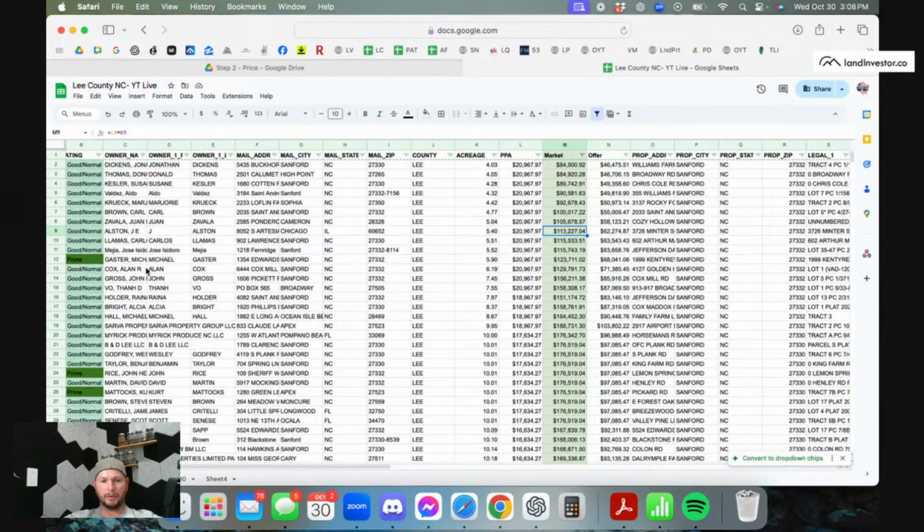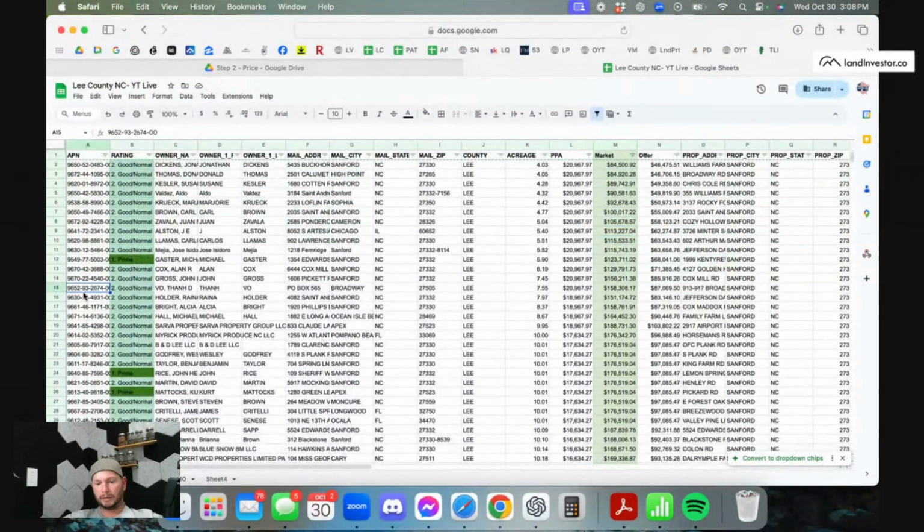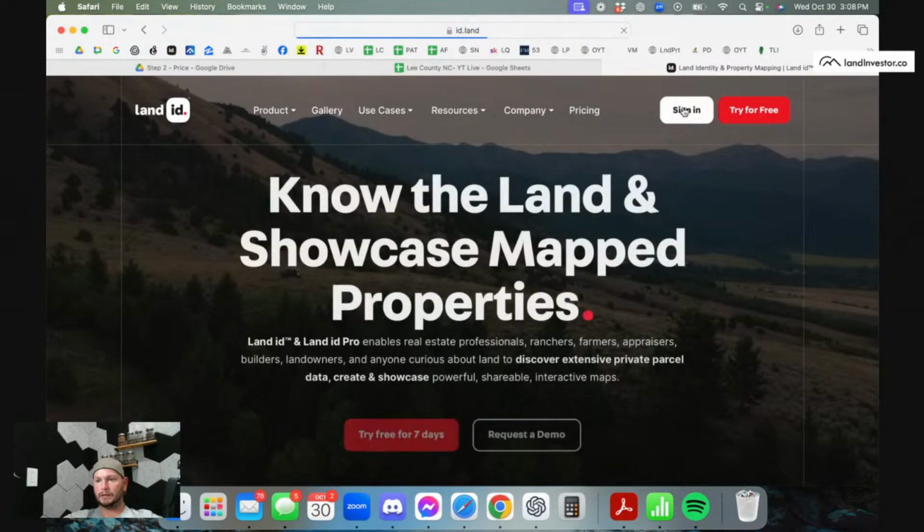So what I'm going to do now, I'll pick a random property, and I'm just going to go comp it. I'm going to pretend this is a lead that just came in, right? So ID, land, sign in.